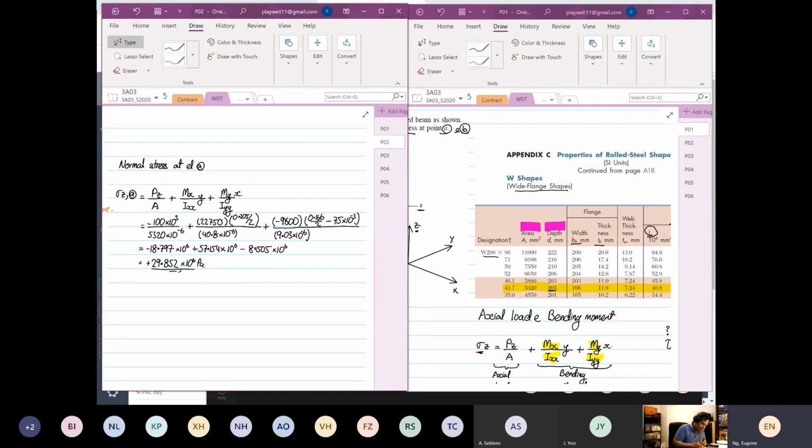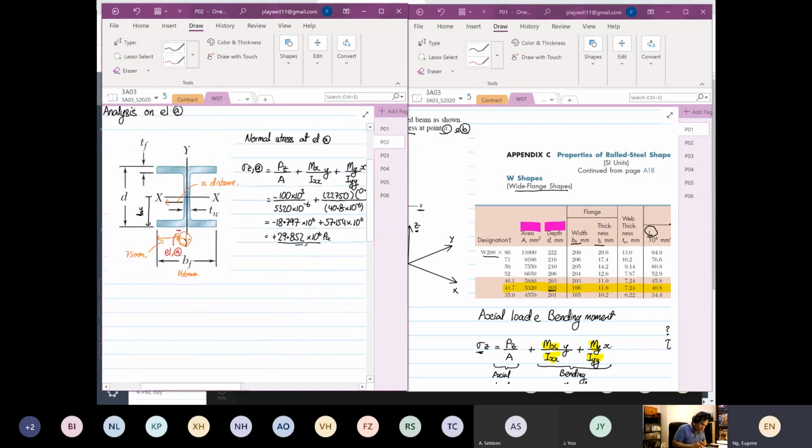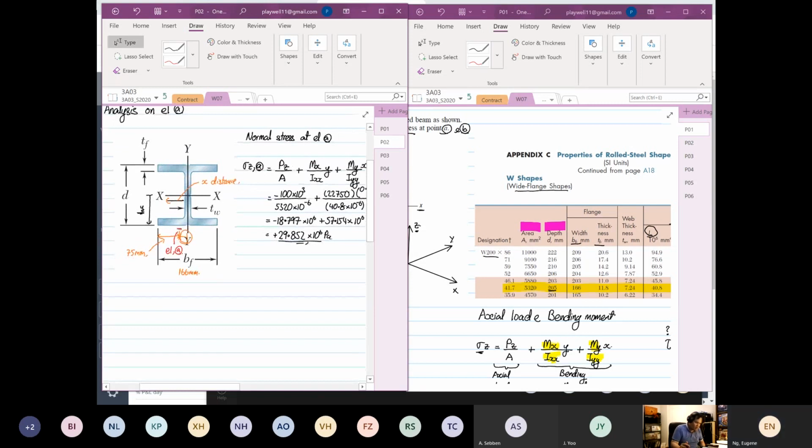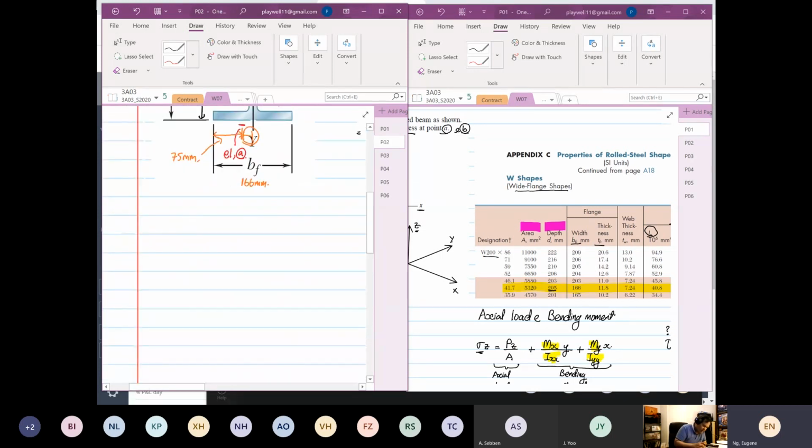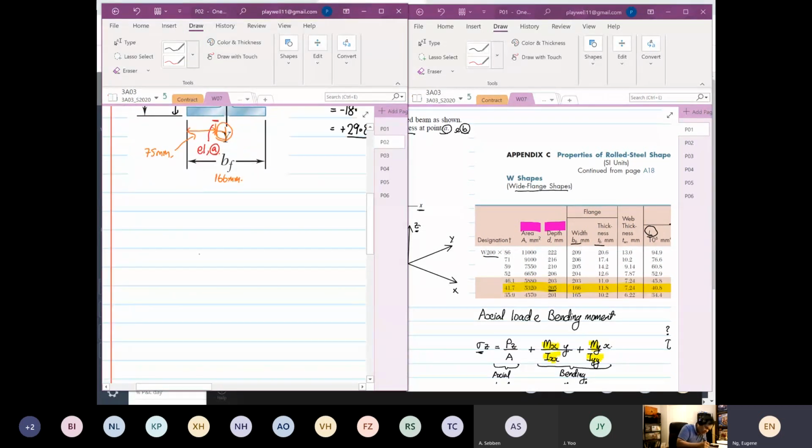So from here, what we are trying to achieve is to calculate stresses on element A based on the transformation that we have. If I were to draw element A, this is my element A in 3D now.